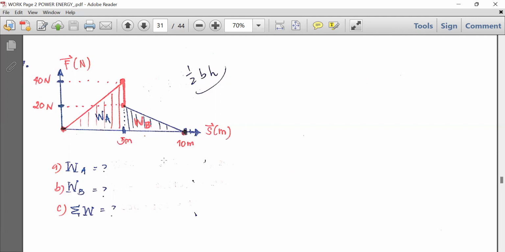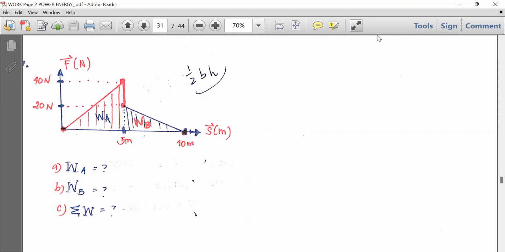Here, if you want to get the total work done, you just add the work done by force A and the work done by force B. Work done by force A: the area under the graph forms a triangle, so we can use 1/2 base times height.